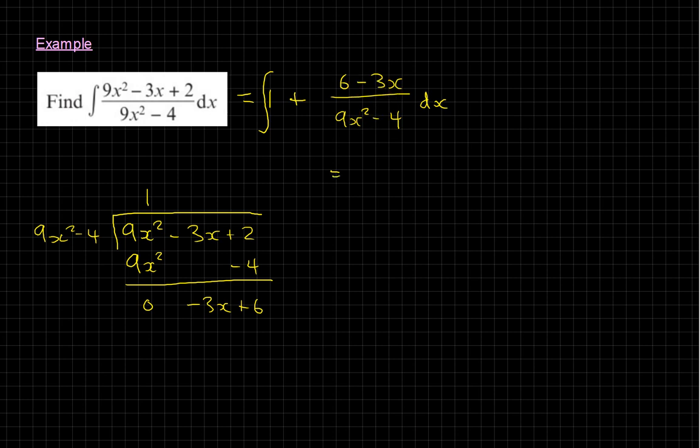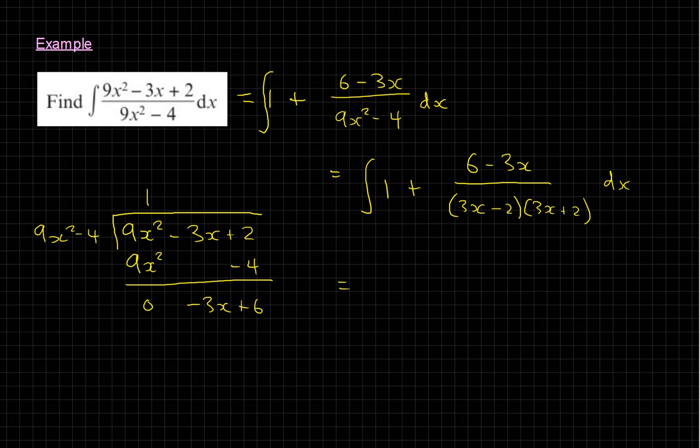If I just started off again, and you need to be able to spot this, what you notice about the bottom of this fraction at the moment, difference of two squares, right? 9x squared, that's 3x squared. 4 is 2 squared, so therefore I can straight away rewrite it as this. And now I'm just going to skip a step.